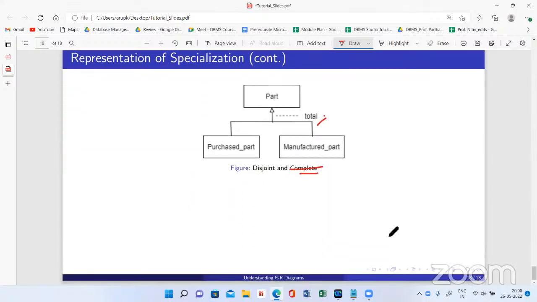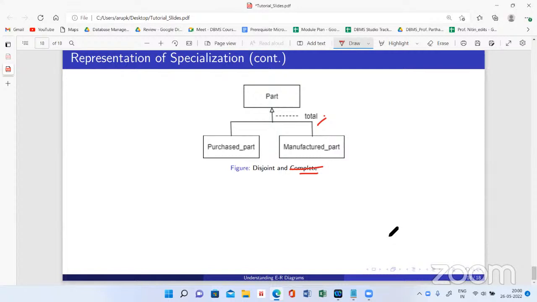But if you go to this example, say a manufacturing company, they have different parts, components, right? A part can be purchased from outside or it could be manufactured inside. So either it has to be purchased or manufactured. They cannot be both together, so it's disjoint. But there cannot be a part which is not purchased or not manufactured.